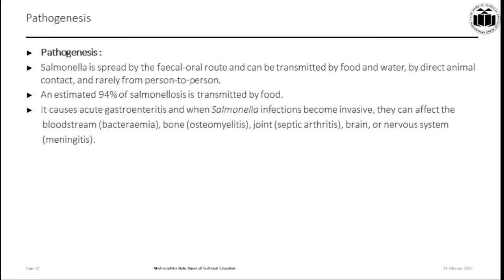Next point, regarding Salmonella, we are going to discuss the pathogenesis. So this Salmonella usually shows pathogenesis in humans when it is transmitted to the human body by consumption of contaminated food and water, and it is transmitted rarely by direct contact.